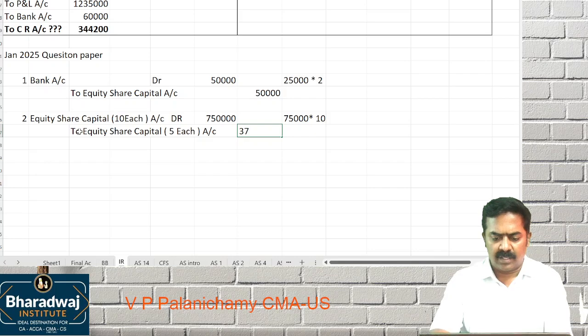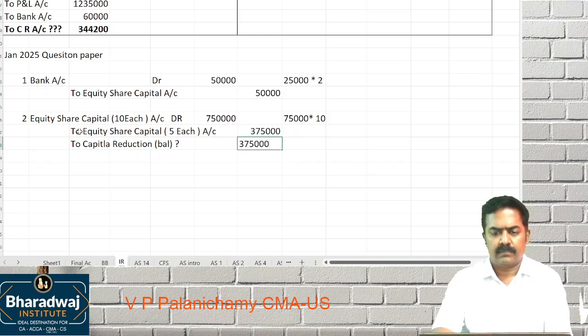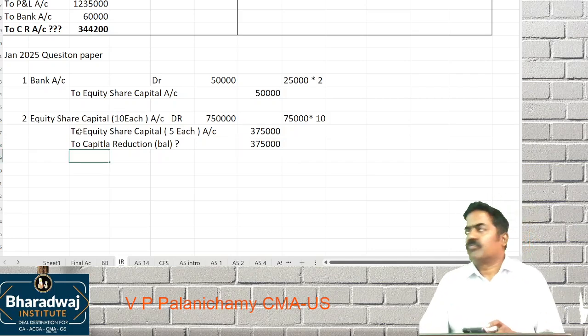Half of the amount, 3,75,000, to capital reduction. Take it up along with me, don't need to wait.